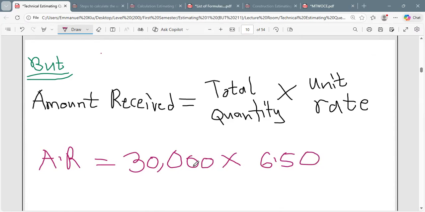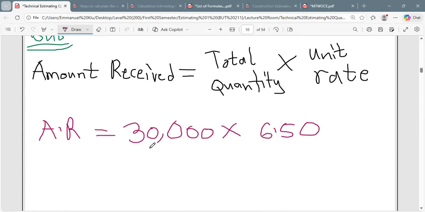At the end of the day, what are we going to get? Let's all multiply this together. 30,000 times 6.50.